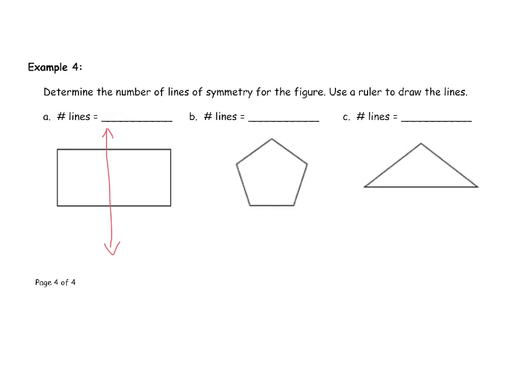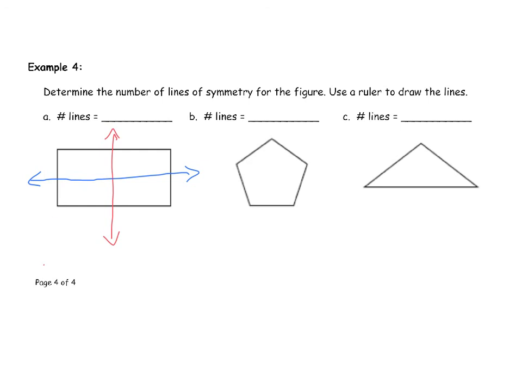I know it's kind of poorly drawn because it's not right dead in the center of it, but you generally get the idea that if I were to fold that rectangle on this line, this part would be right on top of this part. I can also draw a line of symmetry this direction. So again, if I fold it along this line, this section would be folded on top of that section.